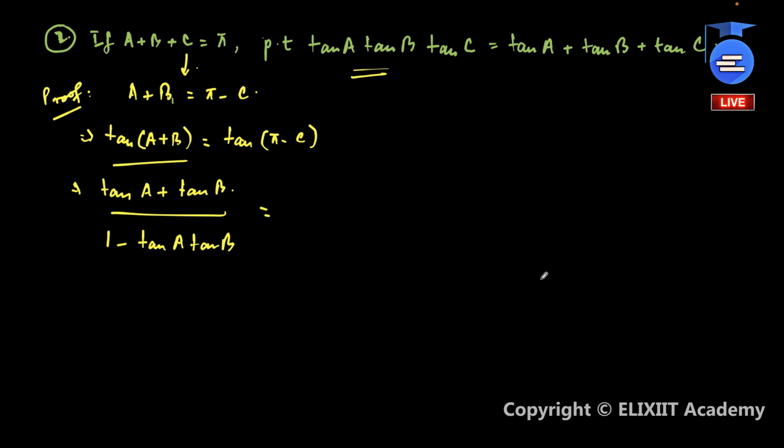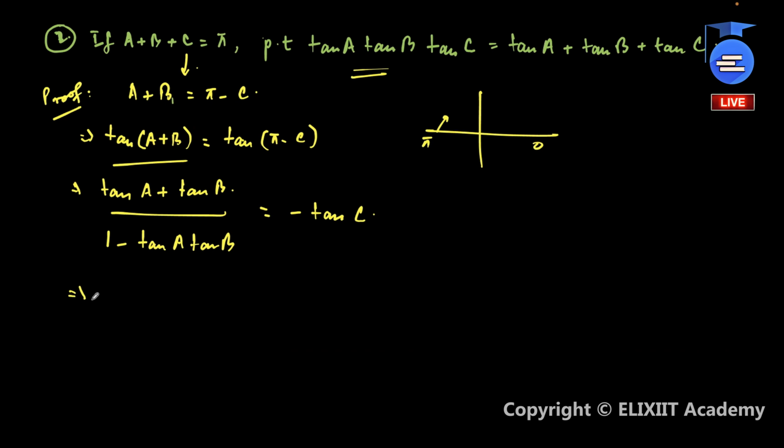Tan 180 minus theta is how much? Obviously minus tan theta. I hope you remember this thing, right? 180. This is 0 and this is pi. Pi minus theta means over here, second quadrant, sine is positive, tan is negative. So clearly this is minus tan C. Okay.